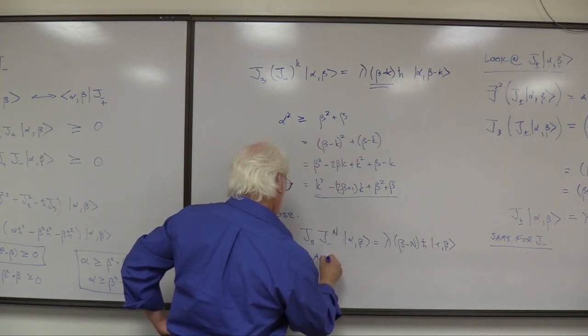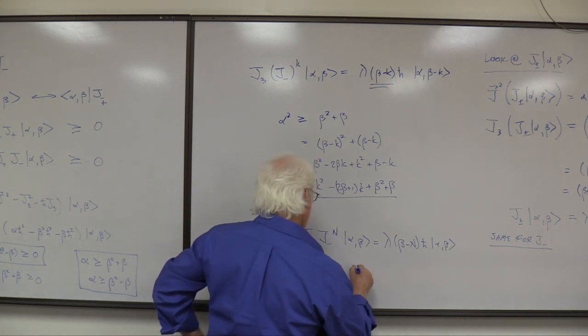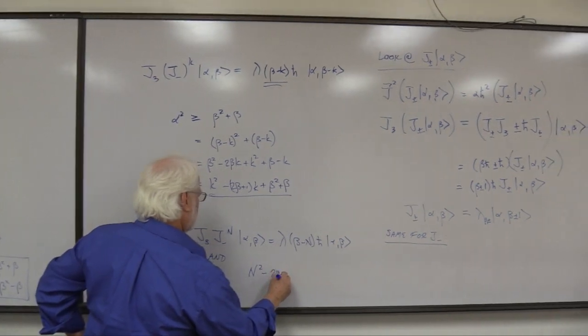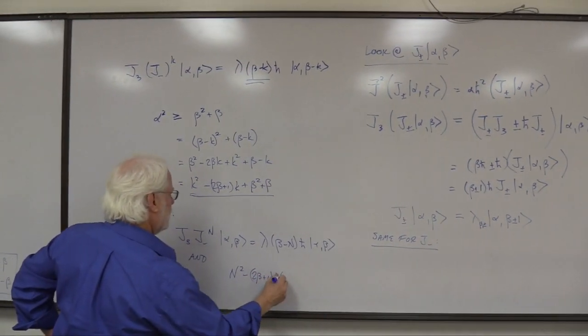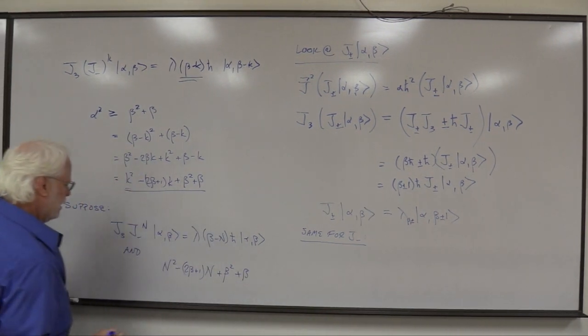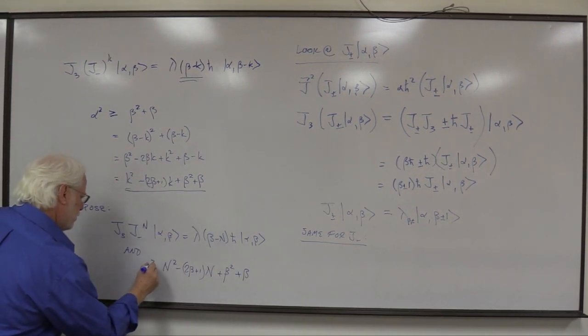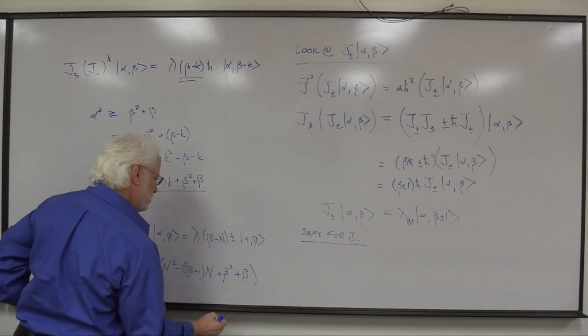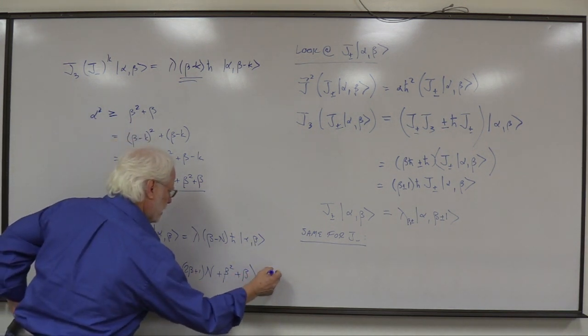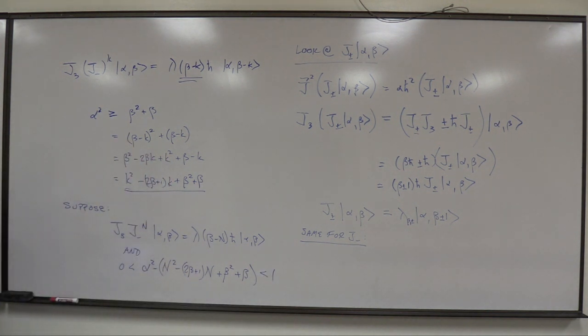And further suppose that n squared minus 2 beta plus 1 n plus beta squared plus beta, subtracted from alpha, is between 0 and 1. Suppose it's less than 1 and still positive.